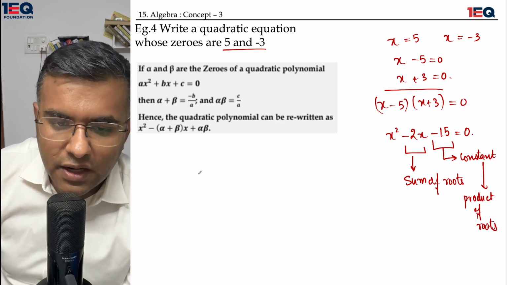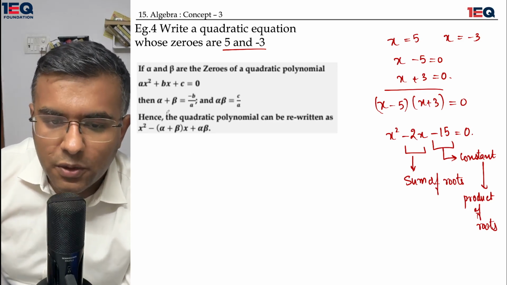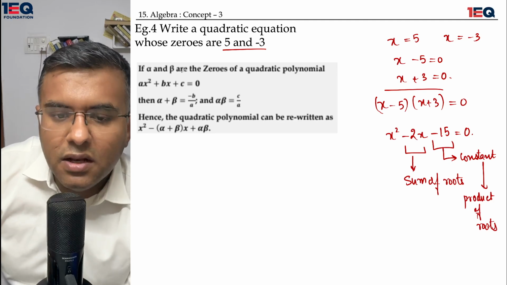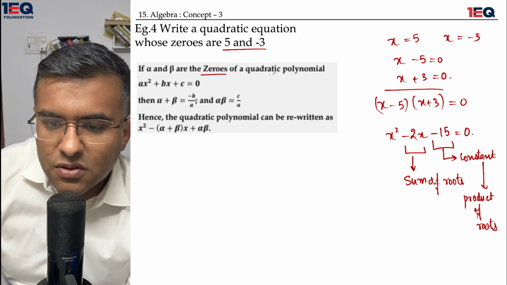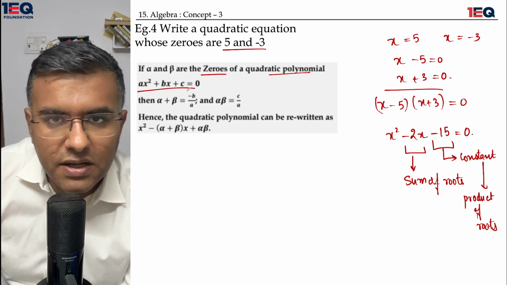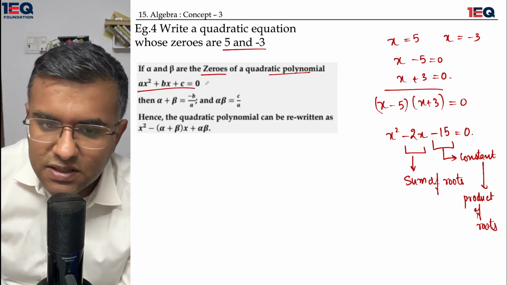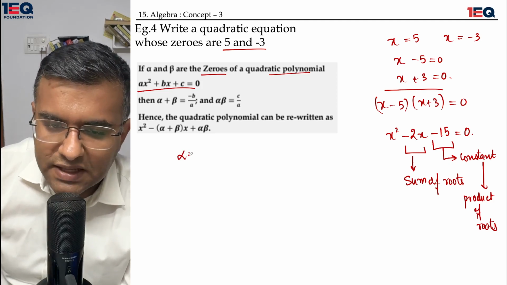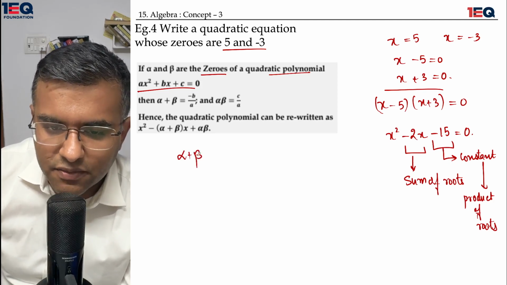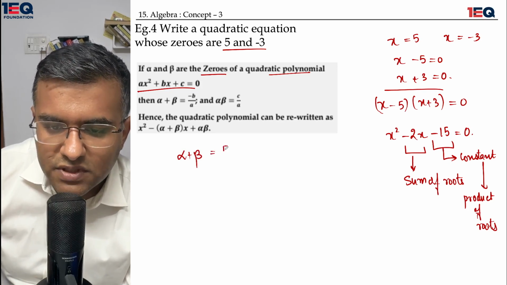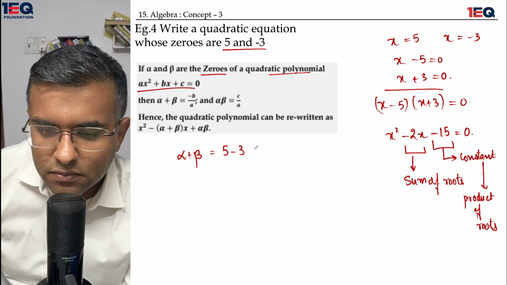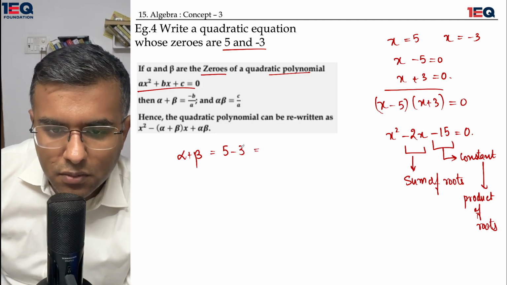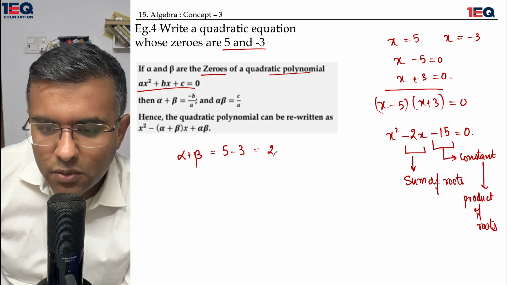If you need to write down the equation in such a manner, then you already have the zeros of a quadratic equation ax square plus bx plus c is equal to 0. Then the sum of roots, let's say alpha plus beta, which is equal to 5 and -3, would be equal to 2.